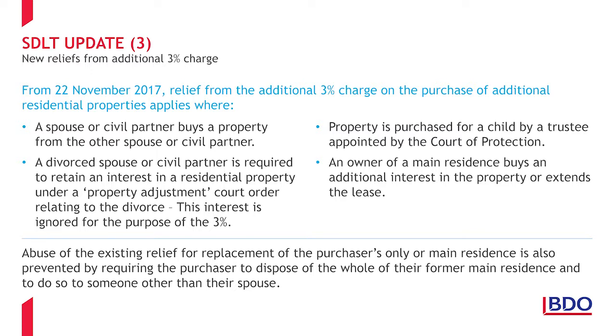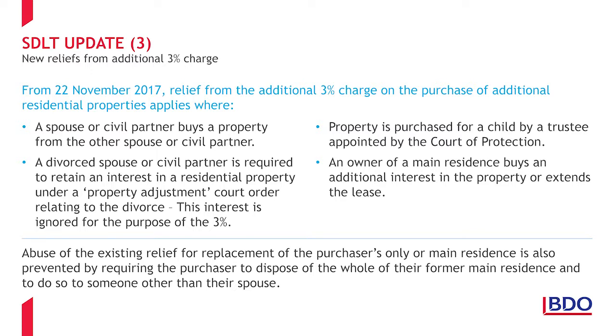The changes from the 22nd of November ensure that there is no 3% charge where, 1, a spouse or civil partner buys a property from the other spouse or civil partner, i.e. treating them as one unit. 2, a divorced spouse or civil partner is required to retain an interest in a property as a result of the terms of the divorce.